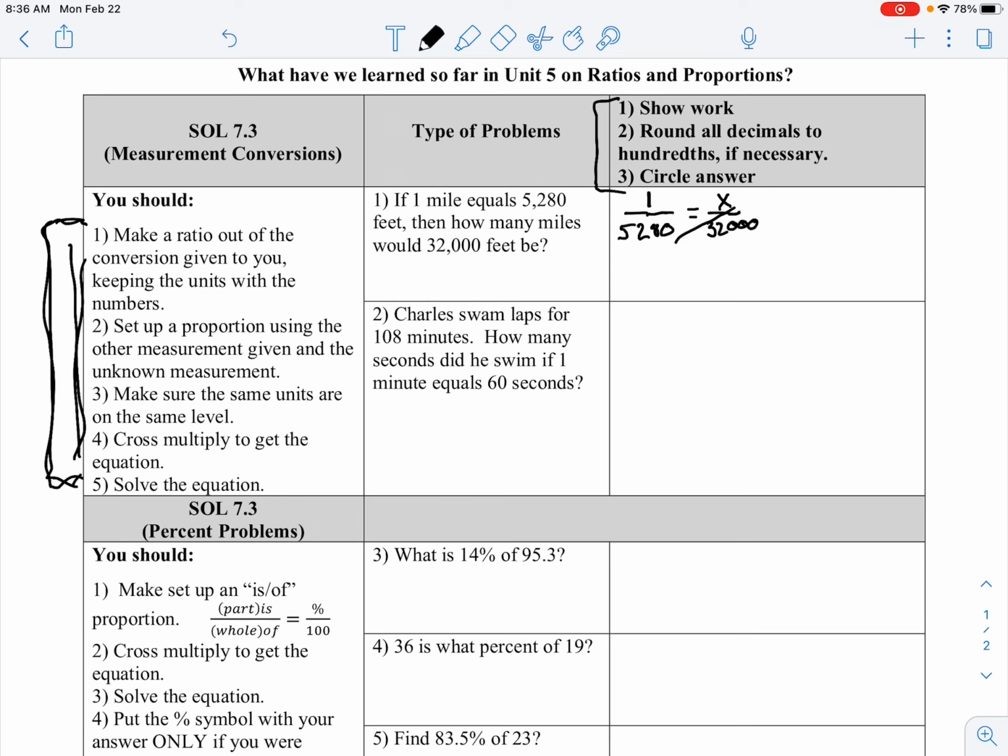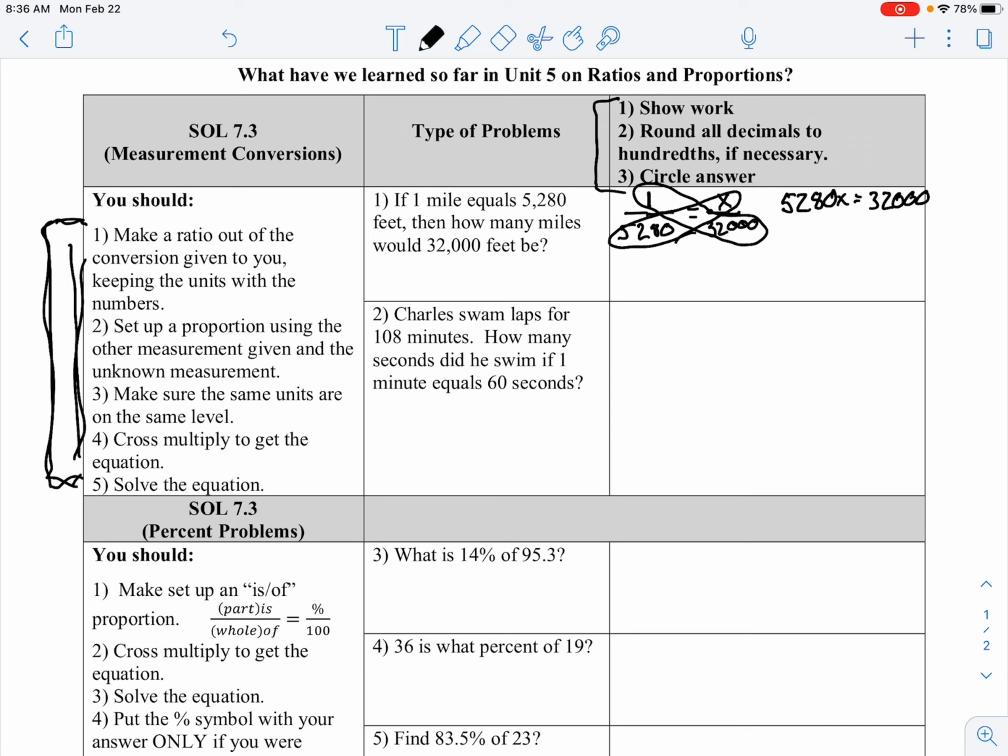And here is where we want to now use our butterfly method to do our cross product. Remember, I like to start with my variable. So we've got 5,280x is going to equal, and now we multiply our other wings of our butterfly, 32,000. Alright, so now we've got our equation set up, our one-step equation.